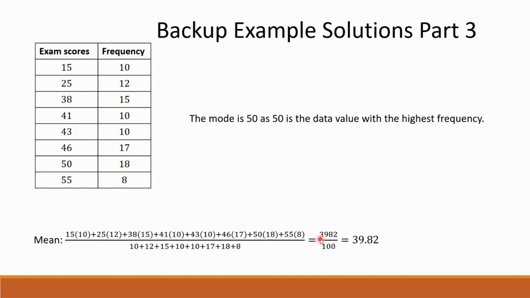That turns out to be 3,982, because you're getting the sum of the data values. And then how many data values are there? Well, that's the sum of the frequencies. In this case, we get 100. So we divide, and we get the mean is 39.82.